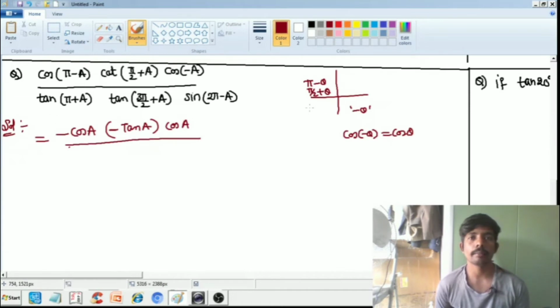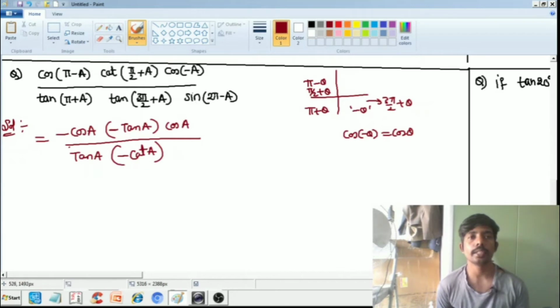Pi plus theta comes into the third quadrant, tan is positive, hence tan a. Next 3 pi by 2 plus theta lies in the fourth quadrant. In the fourth quadrant tan is negative, and tan changes because 3 pi by 2 is there. So cot a.